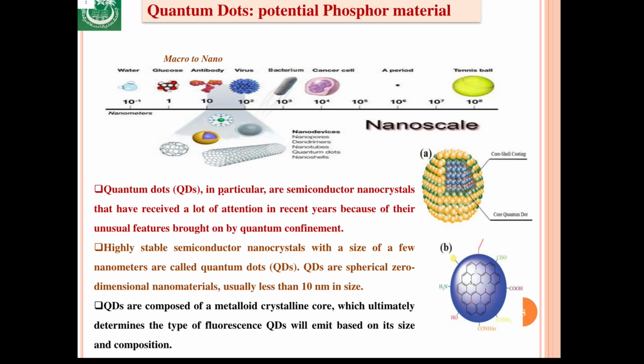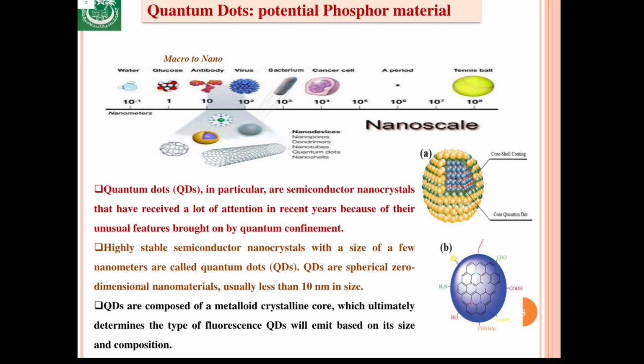Quantum dots are basically stable semiconductor nanocrystals having a size usually less than 10 nanometers. The quantum dots are usually composed of a metallic crystallite core, which is encapsulated by some shell.